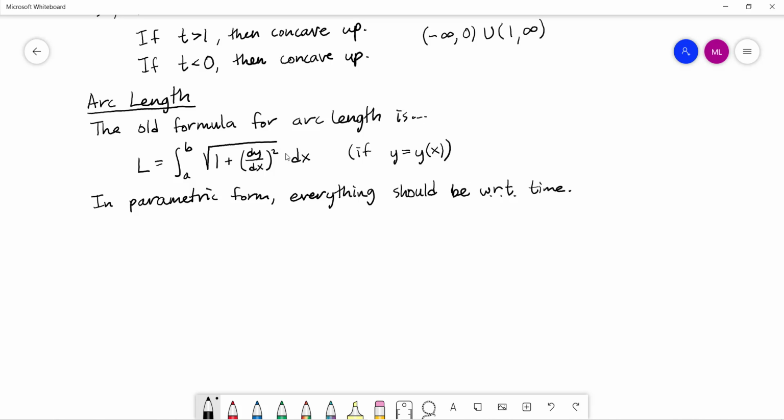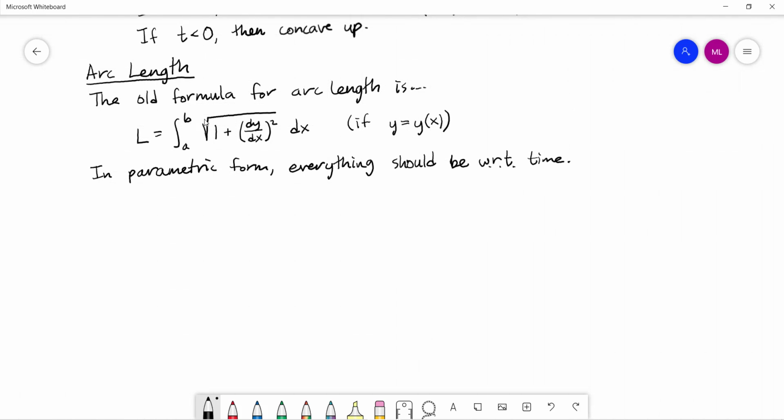So what we need to do is basically figure out what the values of time correspond to being at the x position of a and the x position of b. And so we know that, if x is a function of t, so to find bounds, let's do that first.